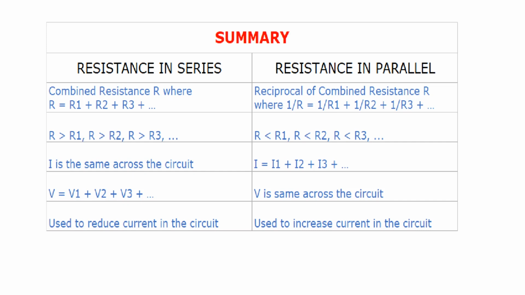If they get less voltage, they do not work properly. In series, resistance R is equal to R1 plus R2 plus R3. That is, resistance is high, so current is low. This low current is flowing through the circuit of the appliances having different power ratings, so they cannot draw sufficient current for their working.